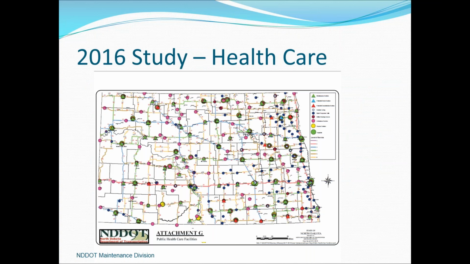The 2016 version was a similar study compared to the other ones on paper, but we also made an attempt to look at where our schools, our healthcare facilities, including ambulance services, trauma centers, and the like, were located in the state. So we put our sections in areas where we're able to hire operators.